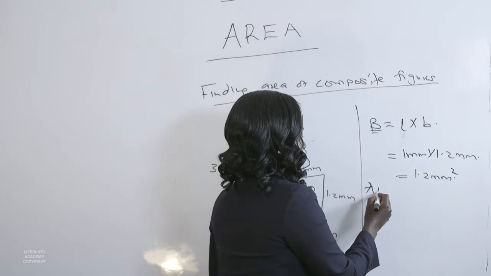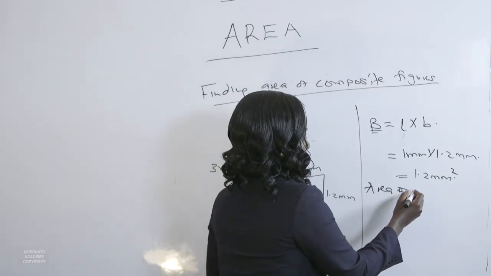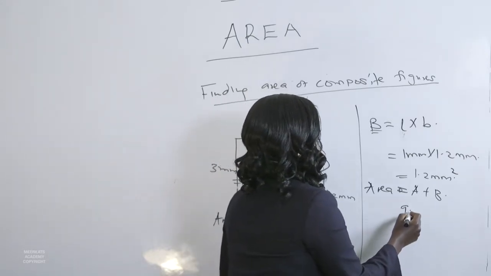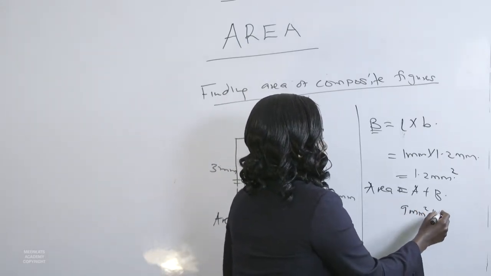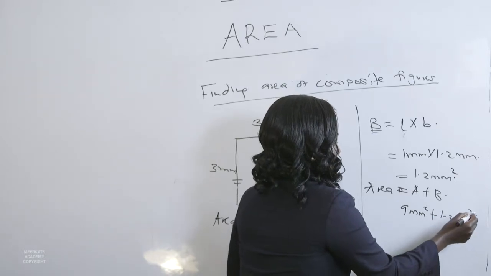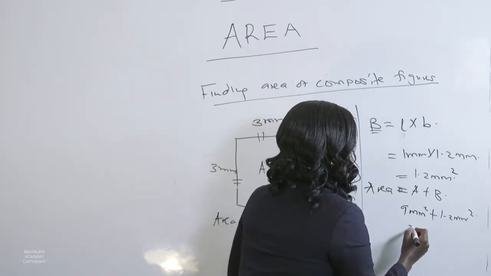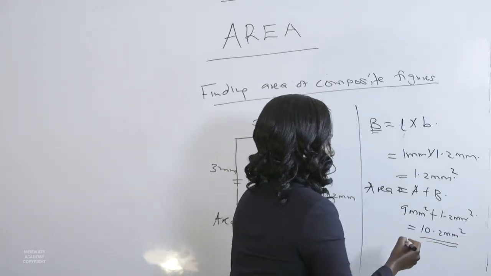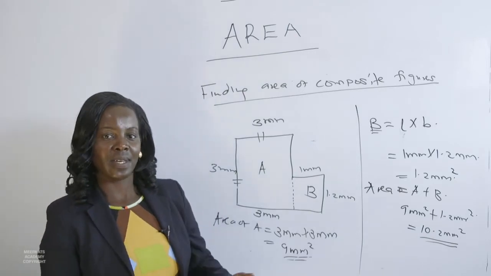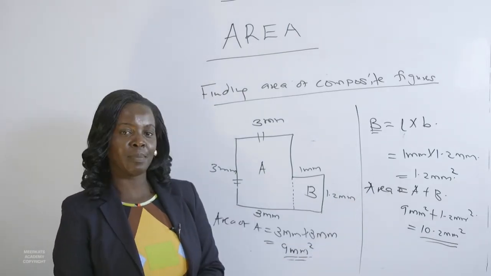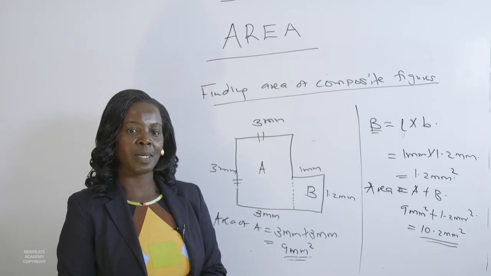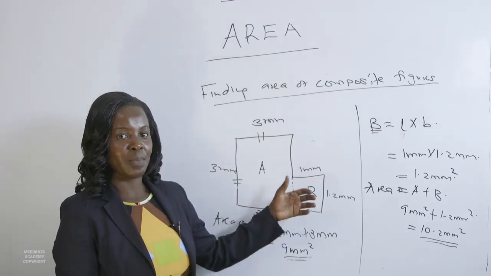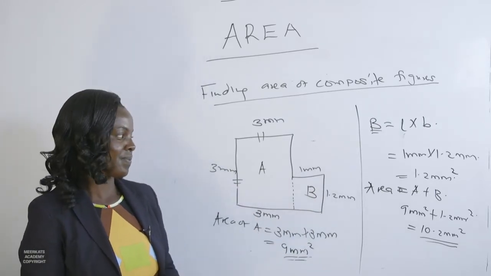The area then, if we add the area of A and B, will be 10.2 square millimeters. That is calculating the area of a composite shape by addition.